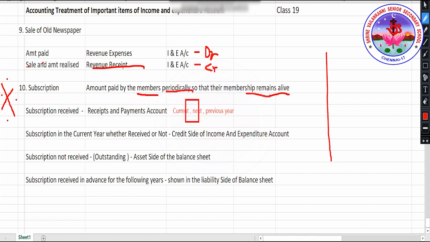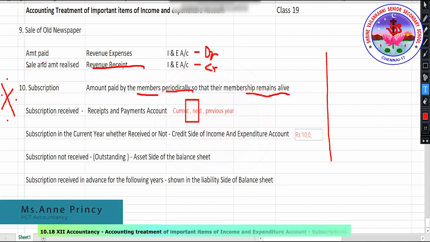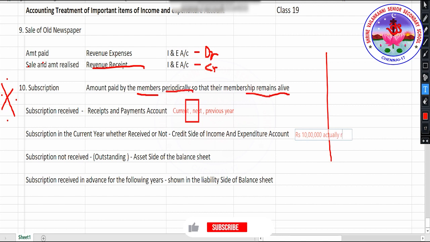Say, for example, this year we are supposed to receive subscription of rupees 10 lakhs, but only rupees 8 lakhs is received. 2 lakhs is not received.